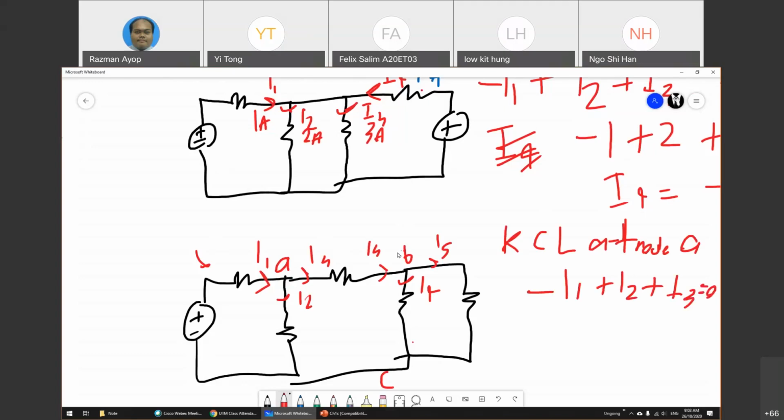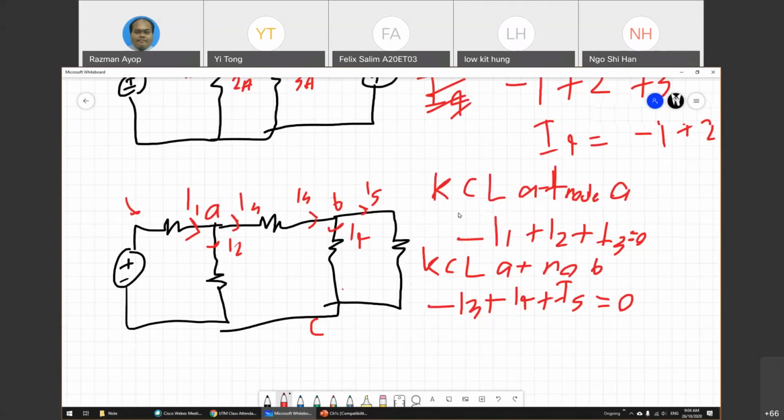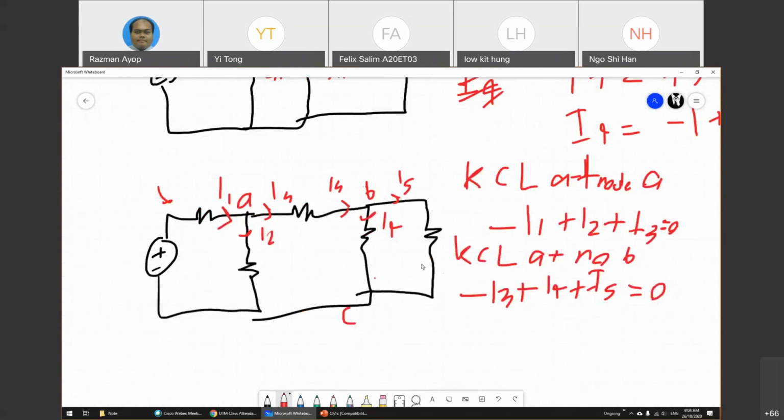And if you apply KCL at node B, it is negative I3 plus I4 plus I5. Make sure of the direction: if it goes out, it becomes positive, equals 0. So that is how you apply KCL at different nodes.